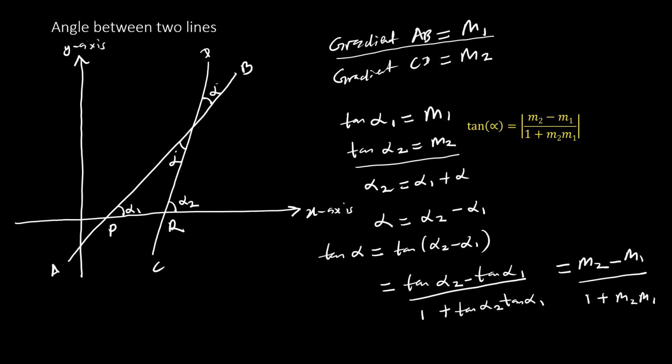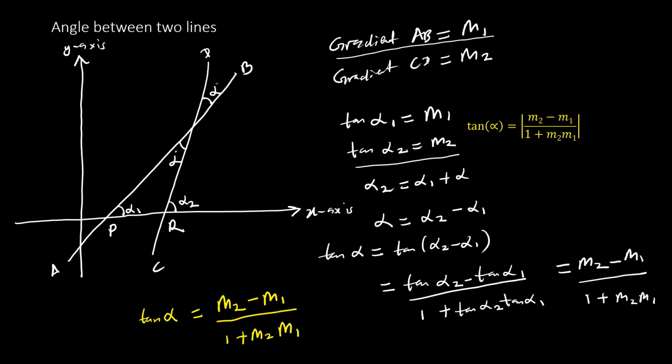Let me write that again. If I'm looking for tan of angle alpha, which is the angle between two lines, this is going to be equal to M2, which is the gradient of the second line, minus M1, the gradient of the first line, divided by 1 plus M2 M1. This is M2 times M1.